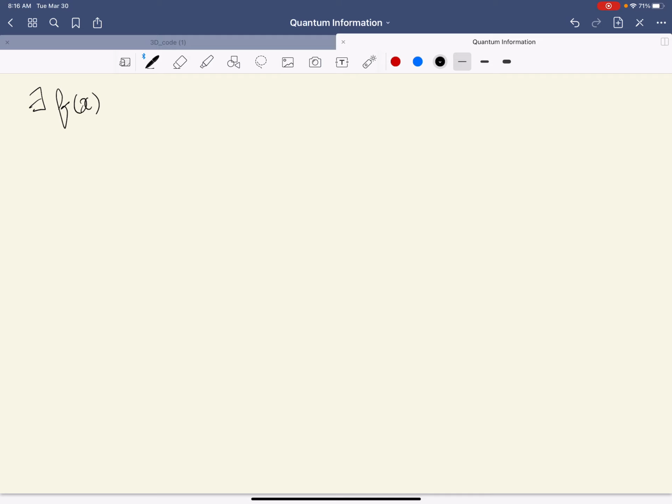This is just an ordinary function, which depends on this argument x, and x is one of these numbers that can be realized by an n-qubit cluster. So x can be anywhere between 0 all the way up to 2 to the n minus 1, or capital N minus 1.